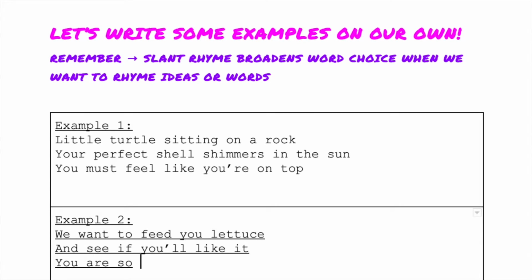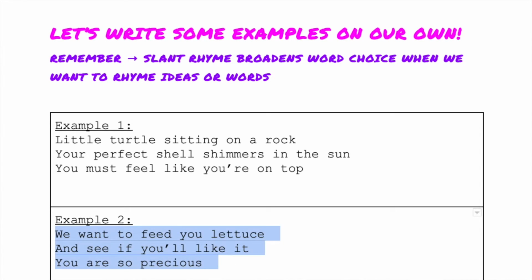You are so precious. Okay, so in our example of a poem, we have slant rhyming between rock and top, and in the second example, we have lettuce and precious. So again, it's easy to just incorporate slant rhyme into a poem so you don't have to stress about getting a perfect rhyme if you want to rhyme in your poem.